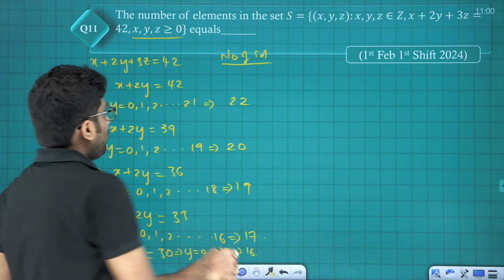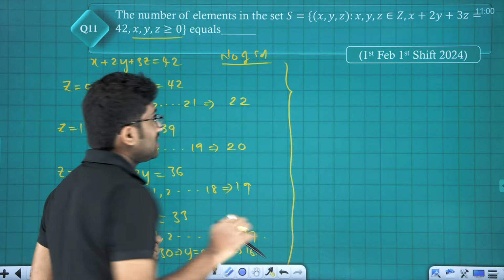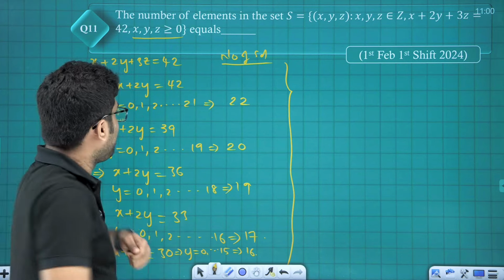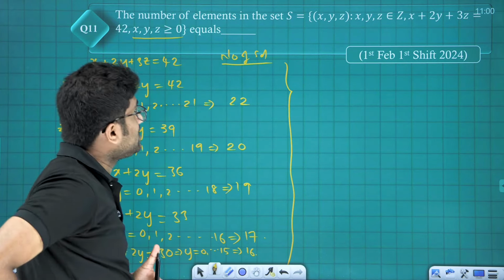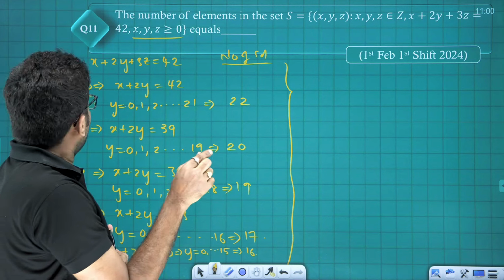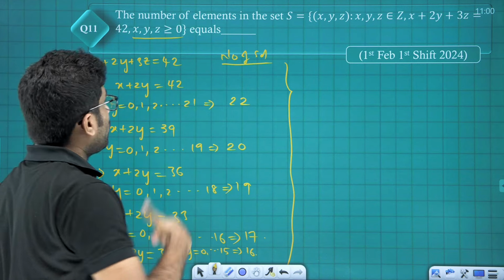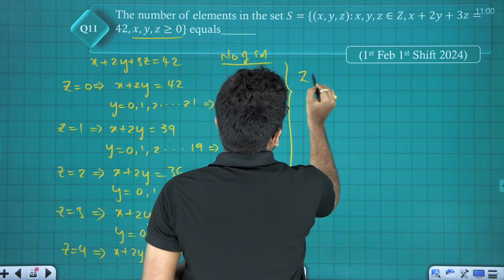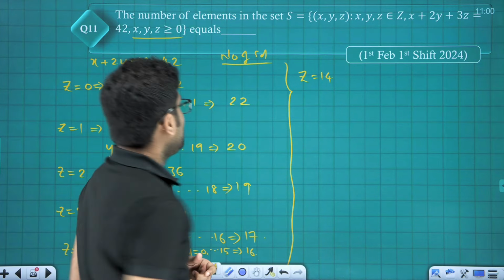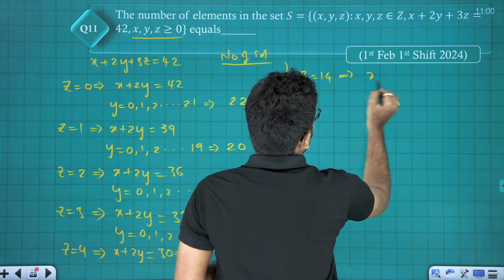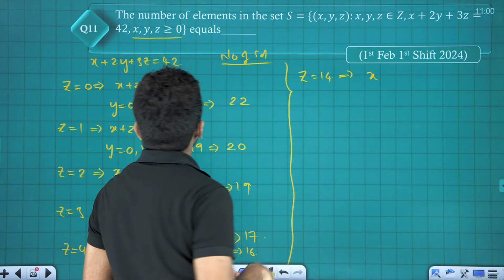Okay, so in that way, friends, if we keep on going, till where can we take z? Z is equal to 14. Till z is equal to 14 we can take, because if we take z as 15, 15 3s is 45. If z is equal to 14, 14 3s are 42.